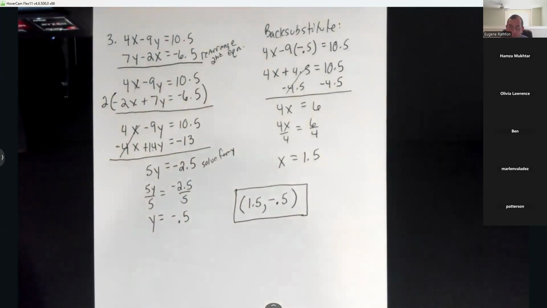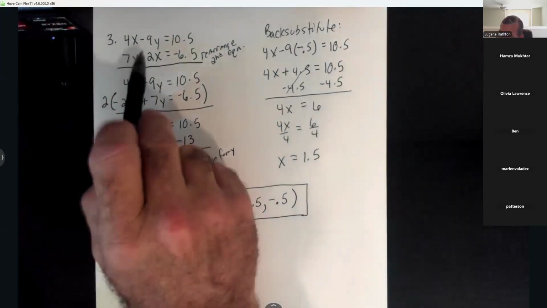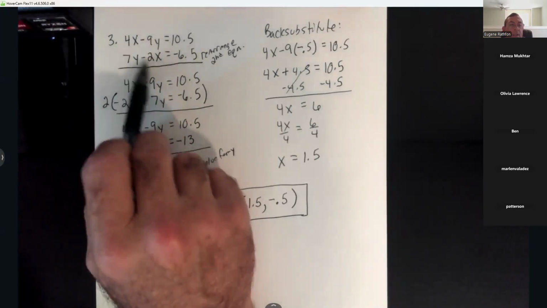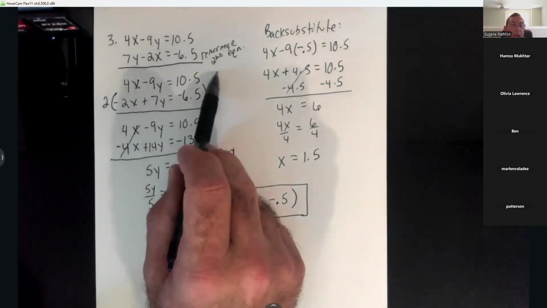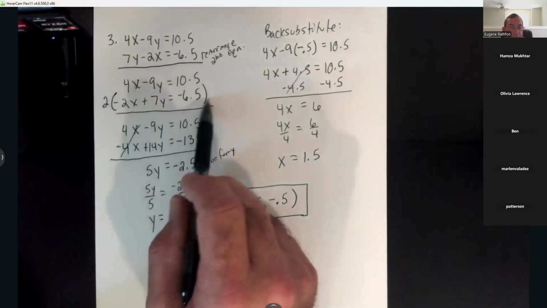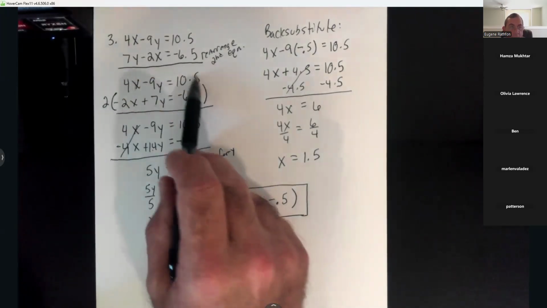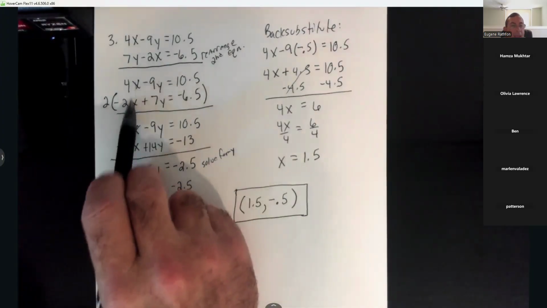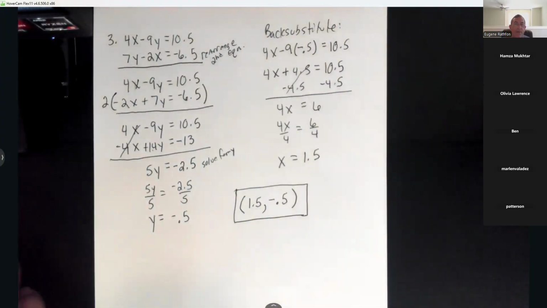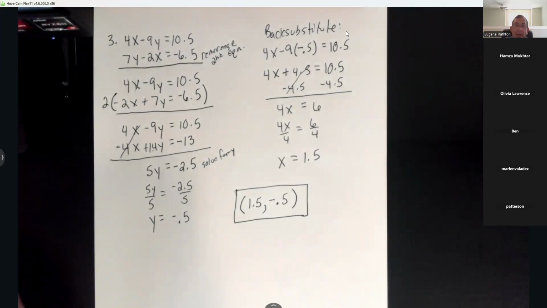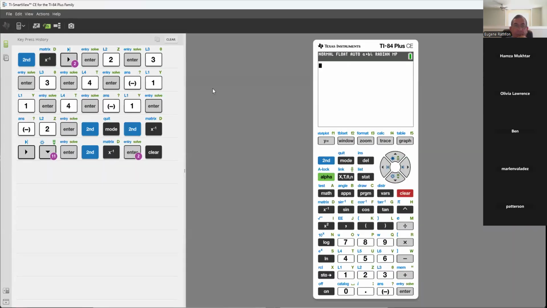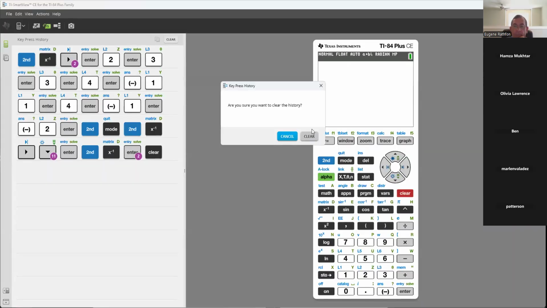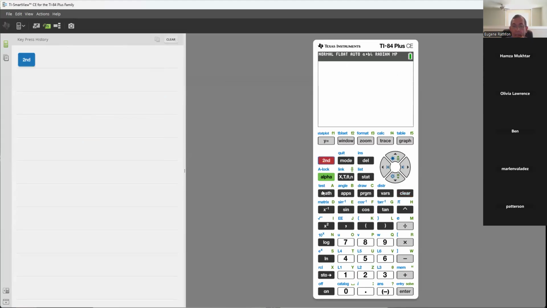And y'all, let me tell you, if you do it on the calculator, you cannot put it in like this. This one's out of order. You gotta put it in like you got it here where we rearranged it, okay? You gotta have them in the right order for the calculator. So let me show y'all that again on this one. So y'all, I'm gonna clear everything out. So second, x negative 1 for the matrix.